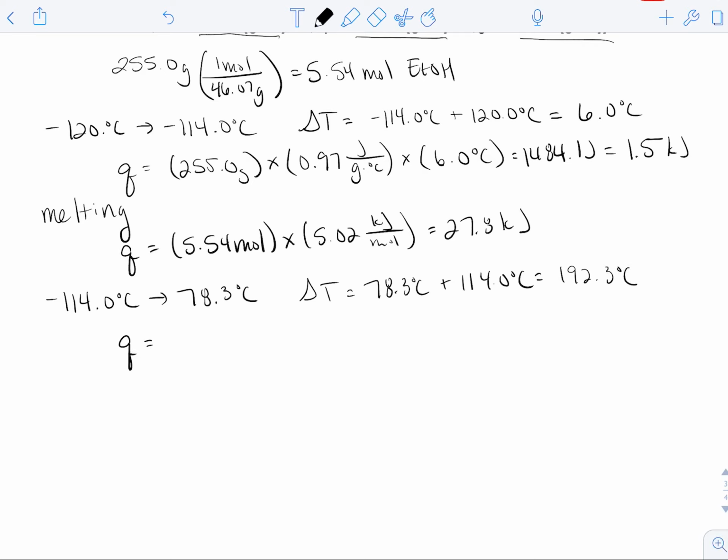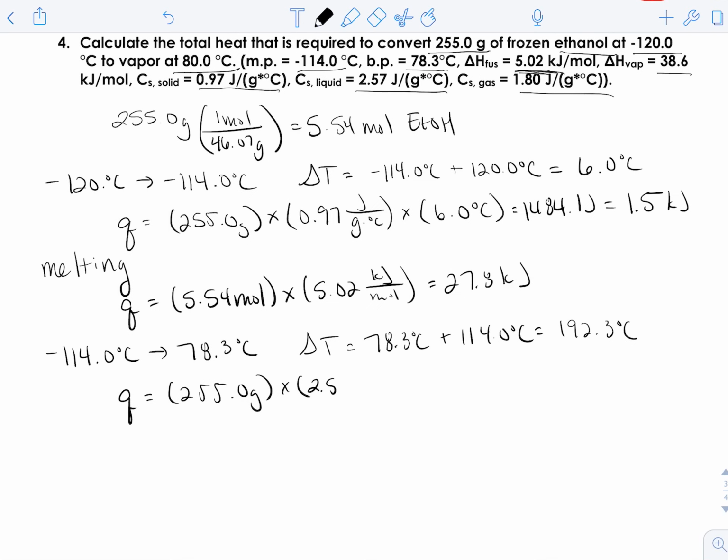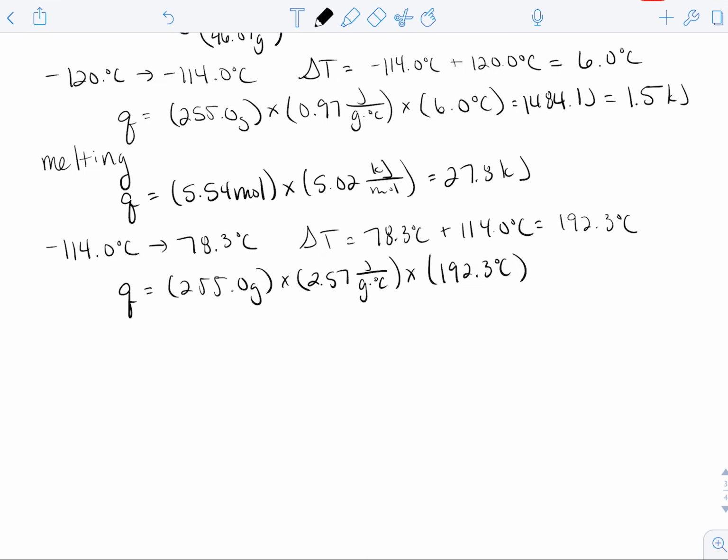Put that into our equation. Our mass times our specific heat in the liquid phase. And then multiplied by our delta T, 192.3 degrees Celsius. Multiply all that out, we get a value of 126,024 joules, which I am going to convert into kilojoules, of 126 kilojoules. Here again, 3 sig figs.